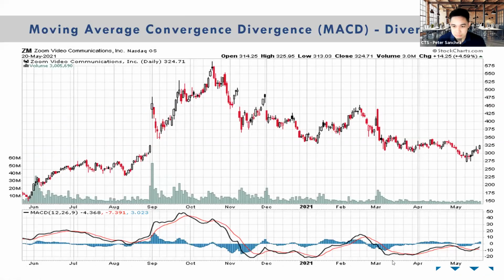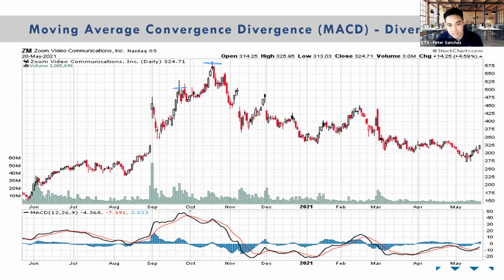Ito, Zoom. So ano ba logic ng divergence? As defined, yung MACD is a trend following momentum indicator. So it measures momentum. Sa case ni Zoom, made a high noong late September and a higher high mid-October.